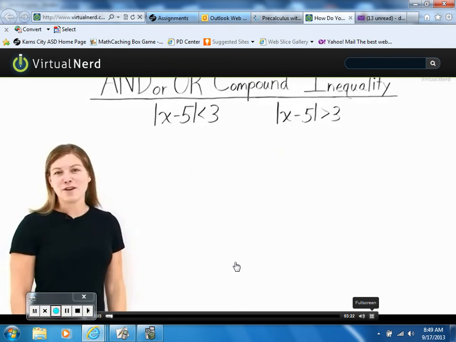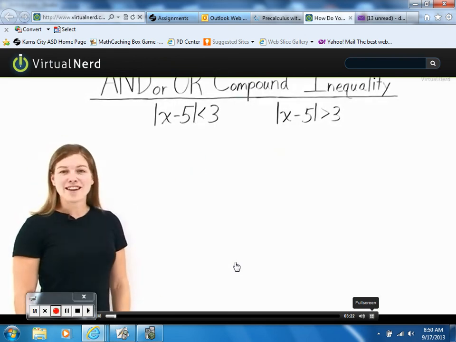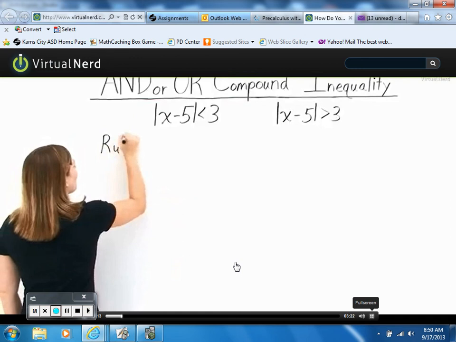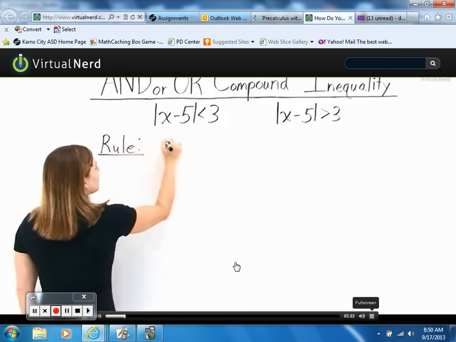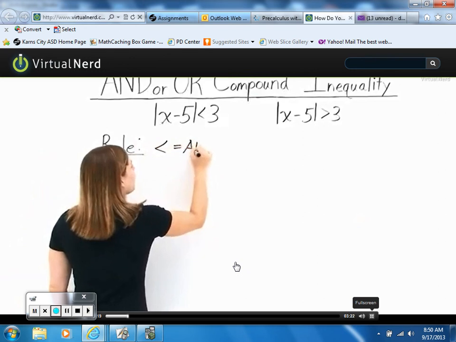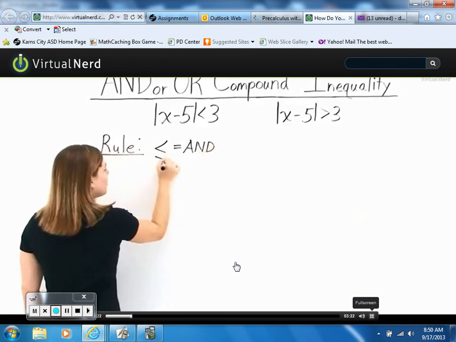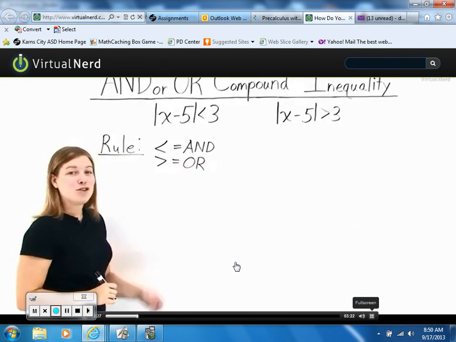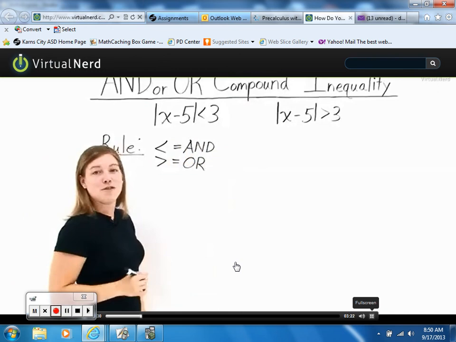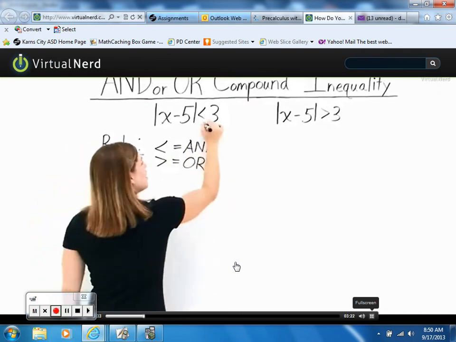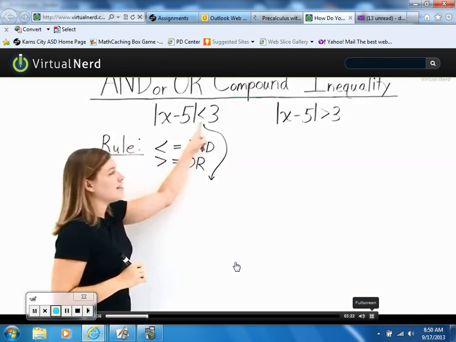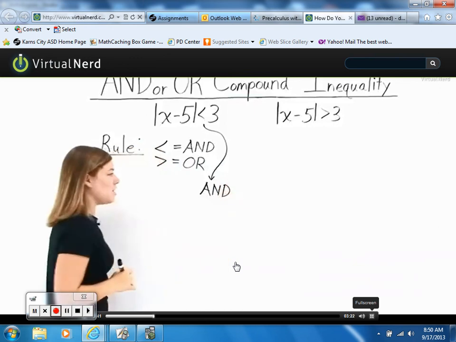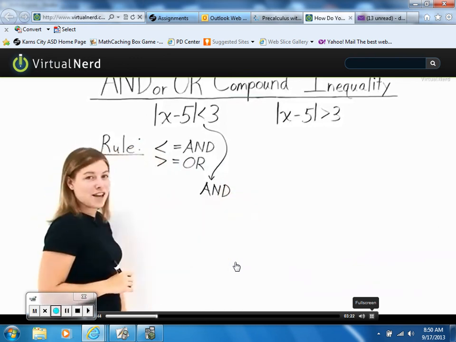Determine if these absolute value inequalities represent and or compound inequalities. Well, to help us figure that out, we need to learn a rule. This rule states that if we have a less than symbol, then we'll have an and compound inequality. If we have a greater than symbol, we'll have an or compound inequality. Now let's use this rule to figure out the compound inequalities for each one of these absolute value inequalities. Let's take this first one. We have a less than symbol. That means we have an and compound inequality. Now all we need to do is get the inequalities on either side of the and.